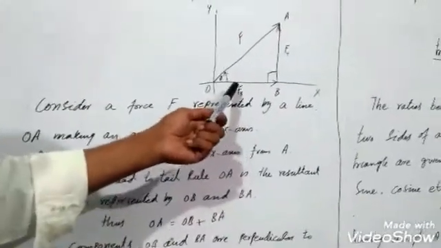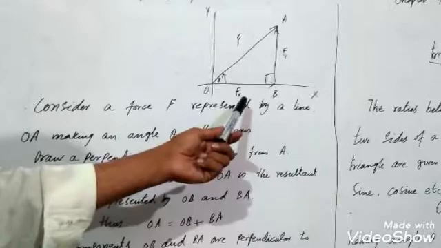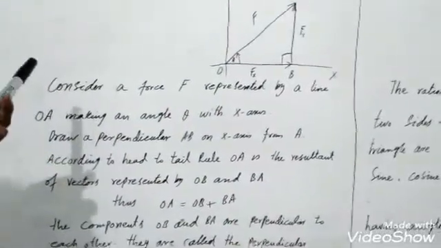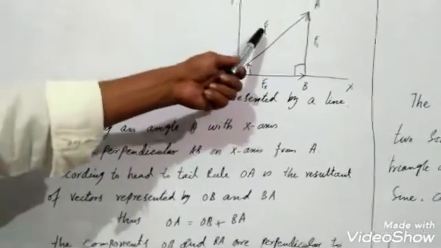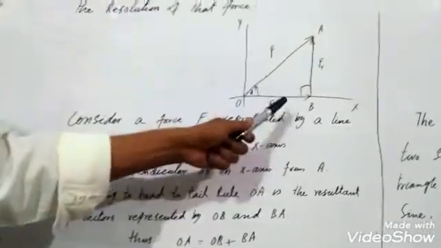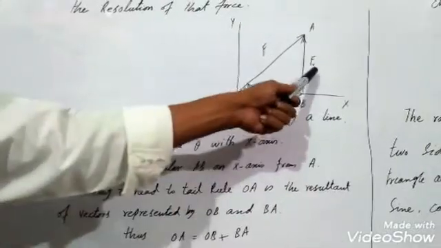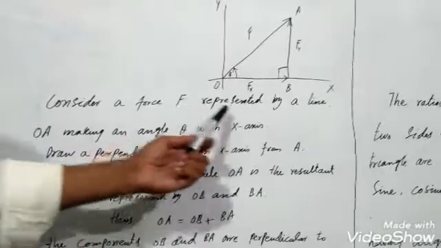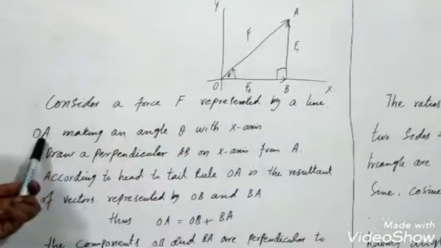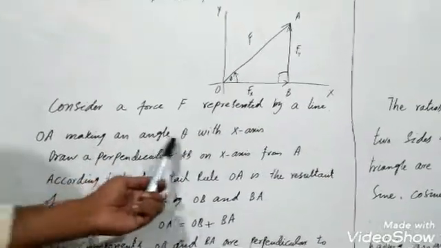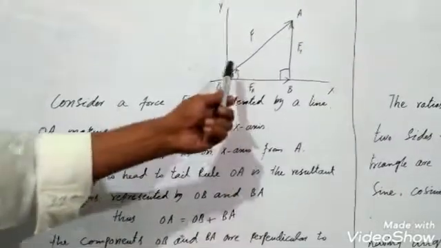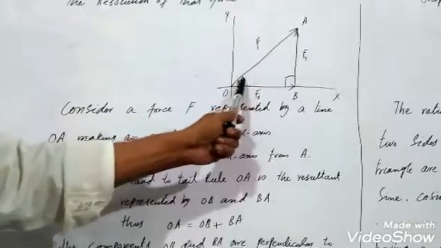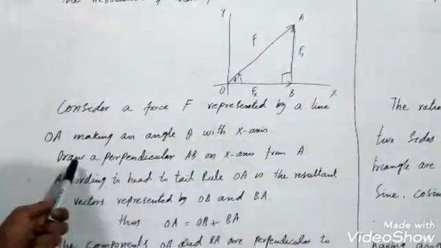So let us start our method to resolve force F into two components, Fx and Fy. Consider a force F represented by a line OA making an angle theta with the x-axis.